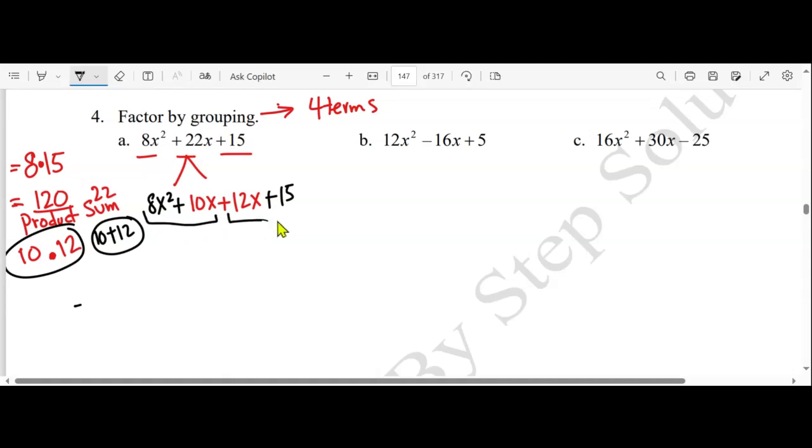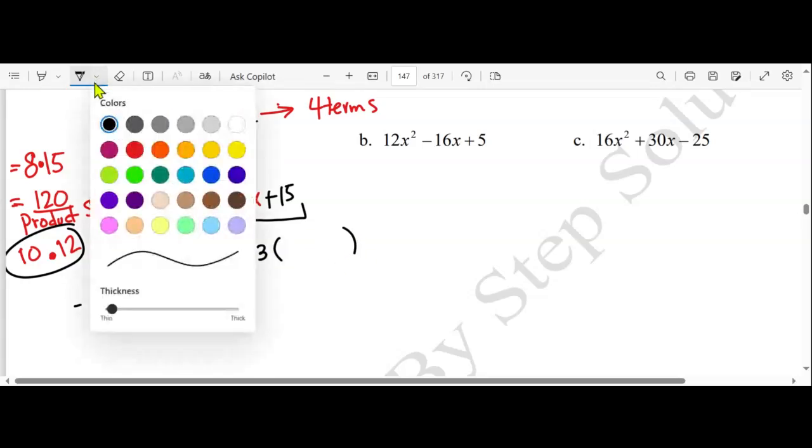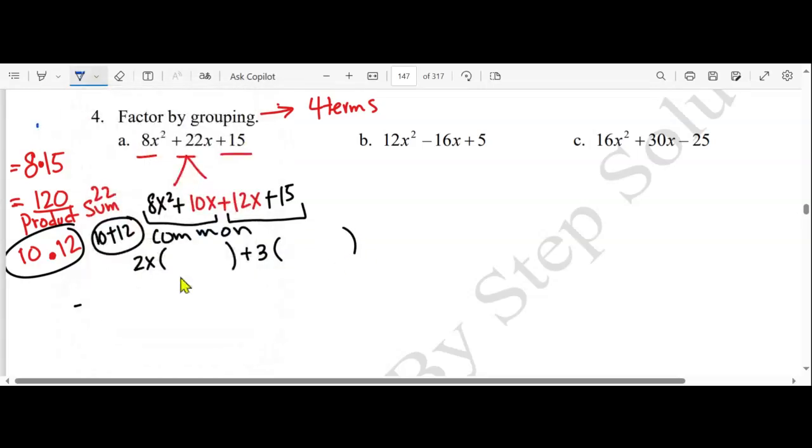How many terms do I have here? 2. What is common in the first two? 2x. So what's left? What about the second two? What's common? 3. Okay, so what is left?